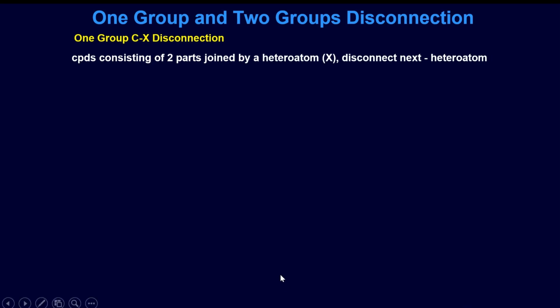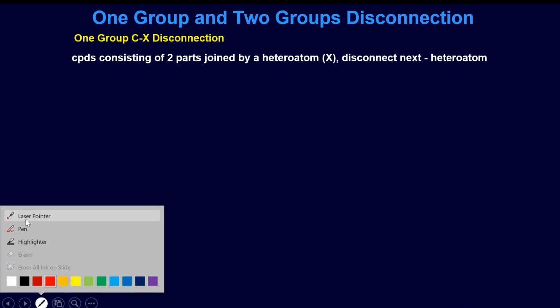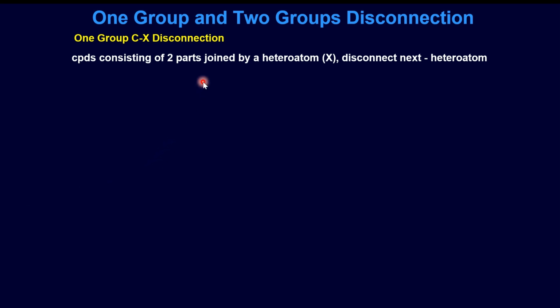Today's subject of discussion is one group and two group disconnection. If a molecule has two parts in it and these two parts are connected through a heteroatom X, in that case, you have to disconnect that molecule next to the heteroatom.